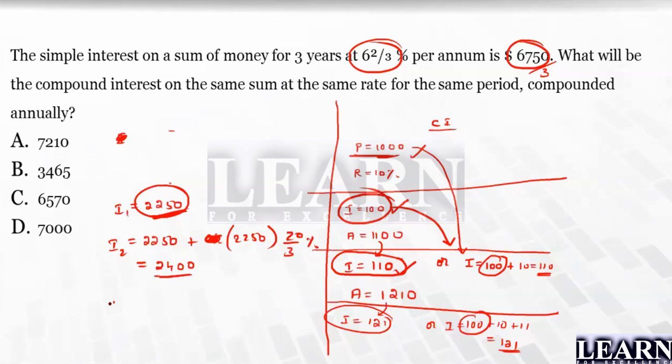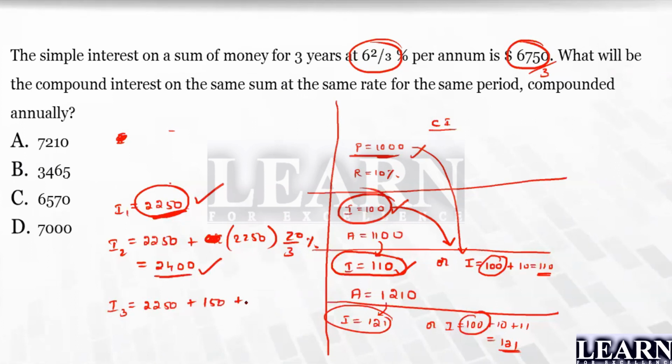Now we'll look at the interest at the end of the third year. 2,250 plus 6% on this. What is 6% of this? How much is it? 150? Plus 6% of this now, sorry, 20 by 3 percent, 20 is nothing but 48.